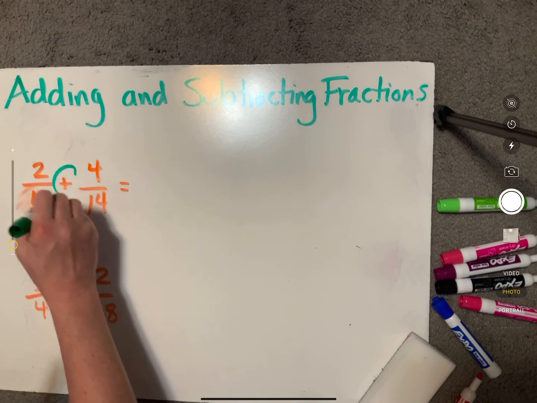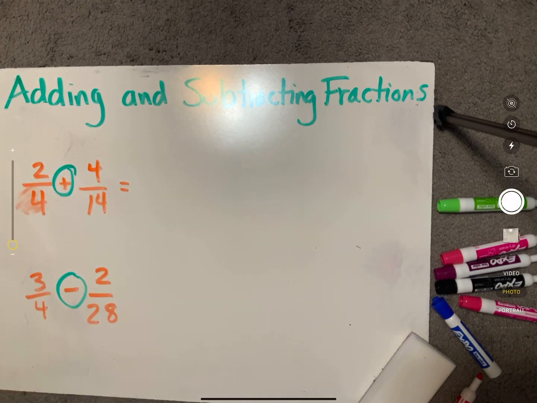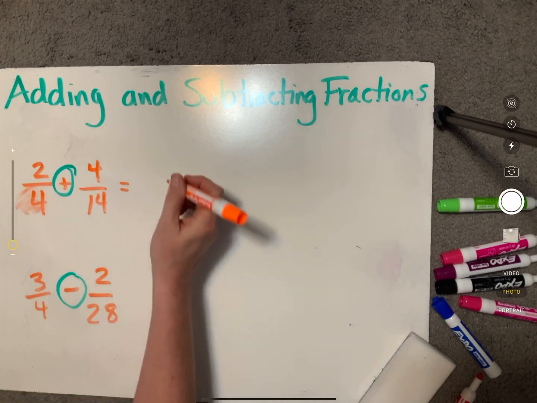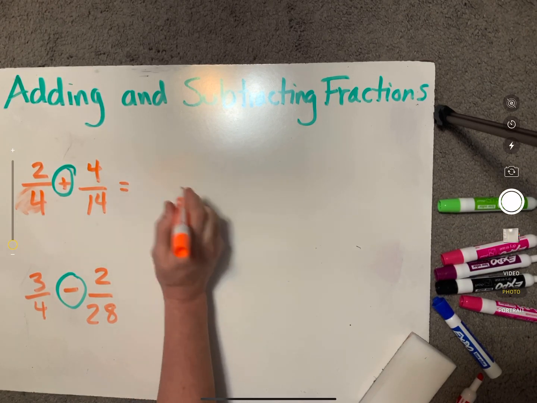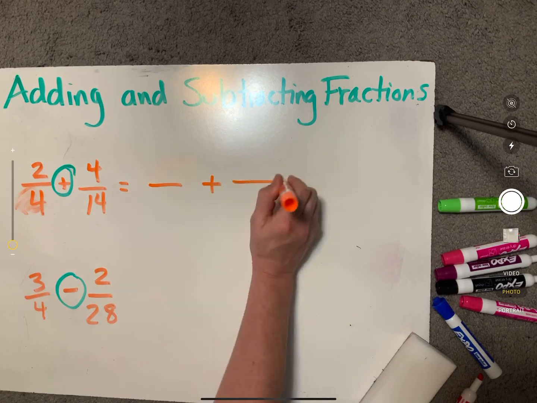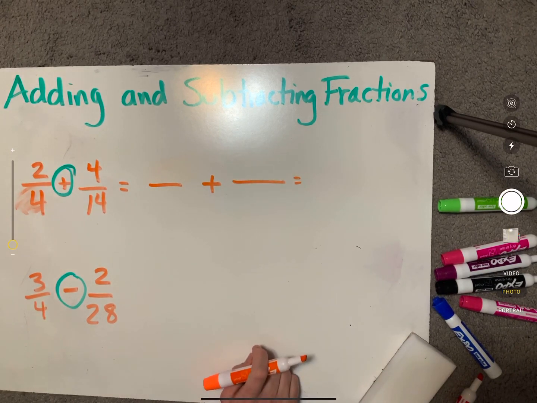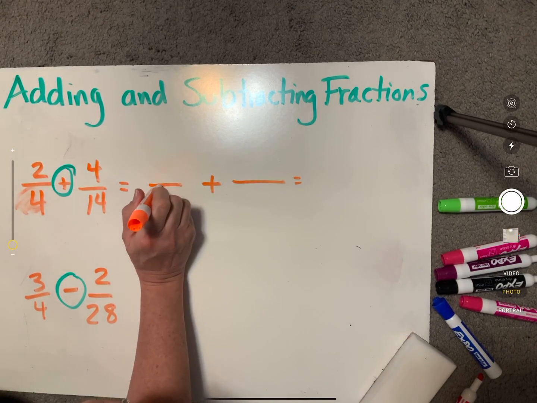Okay, so once again, I would recommend circling your operation so you know what operation we're doing. So I don't want to rewrite the problem. Hang on, I got to find my common denominators. So worried about my operation that I was ready to just rewrite the problem.